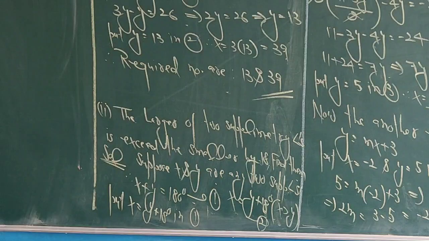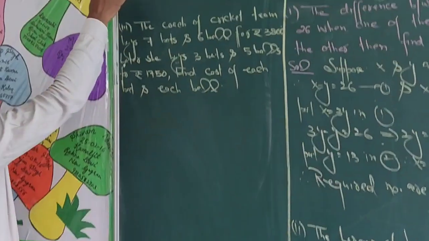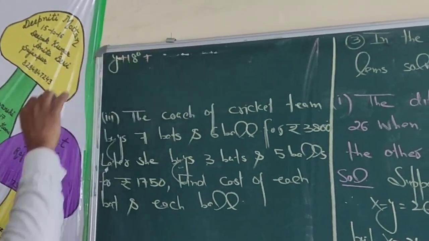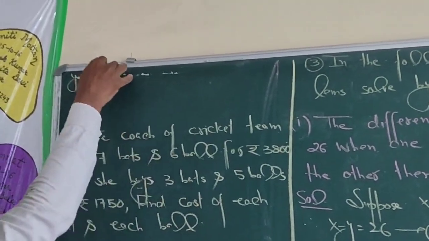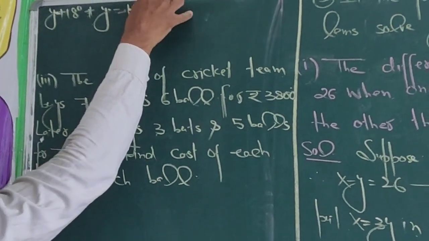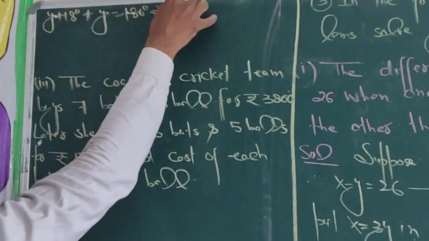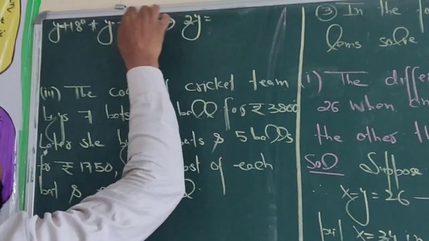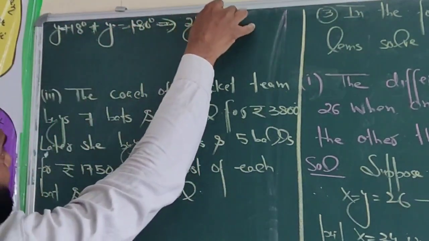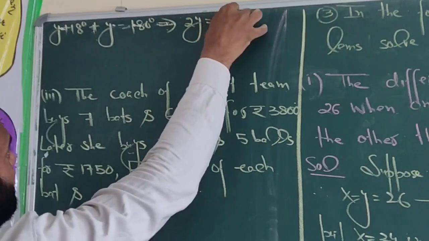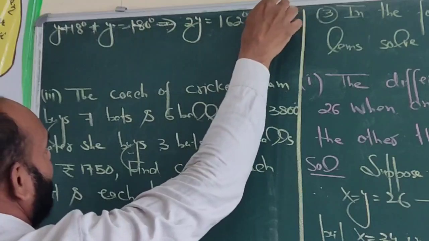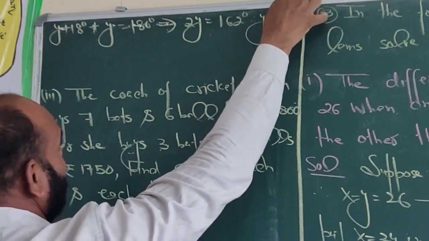So we have y plus 18 degrees plus y equal to 180 degrees. This implies 2y is equal to 180 degrees minus 18 degrees, which is equal to 162 degrees. Therefore y equals 81 degrees.